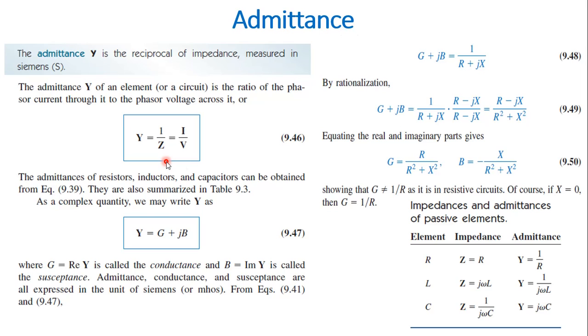Now the basic circuit elements, the resistors, inductors and capacitors, have the following admittances. We have seen the impedances of R, L and C, and admittance is the reciprocal of impedance.